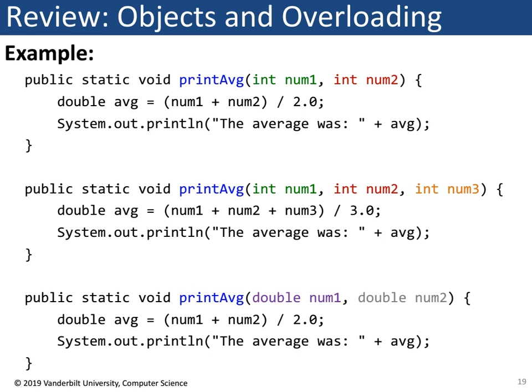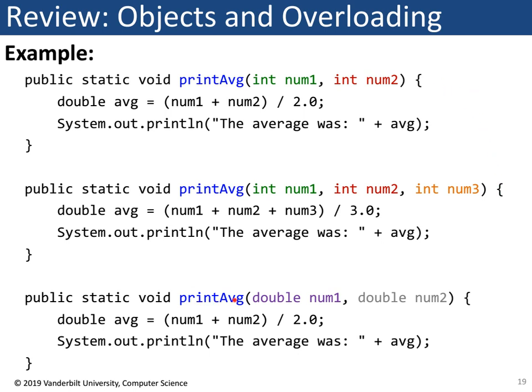So as our first method here has two integers as the parameter list, it can be told from the second method called printAverage, which has 3 parameters. So when we call printAverage, Java can tell which of these two we want to use based on the number of parameters.